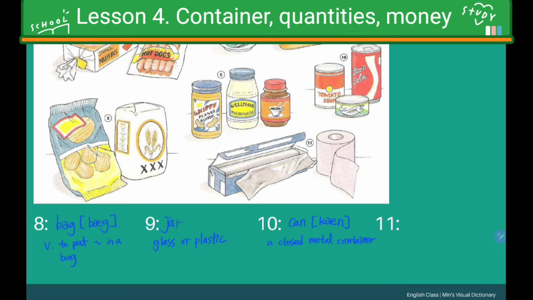And number 11 here, we have roll. And the pronunciation is R, O, L, L. Okay, so it's roll. And a roll refers to a piece of film, paper, or even cloth rolled into a tube.